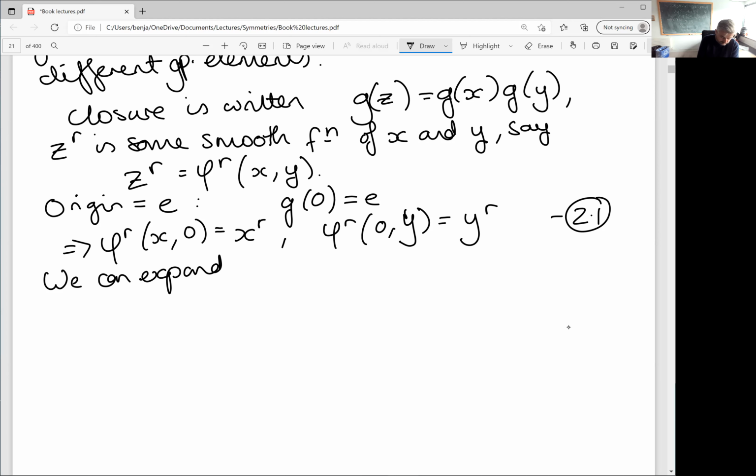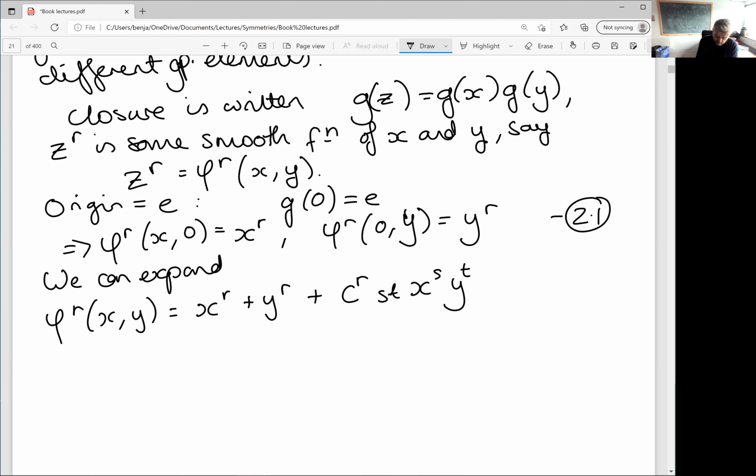You can write phi^r(x,y) in general as x^r plus y^r plus some constants C^r_st times x^s y^t, plus terms of higher order, so x squared y terms and y squared x, etc. Now, it's not immediately obvious that you can do this.